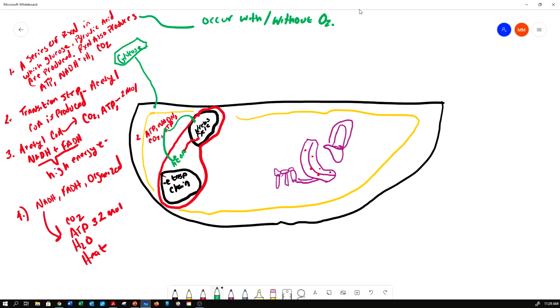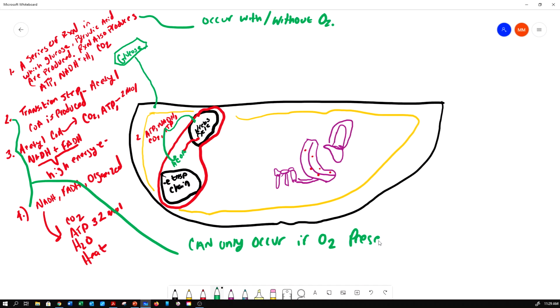Number 1's going to happen. All right, but step 2, step 3, and step 4 can only occur if O2 is present. That's the way it works.